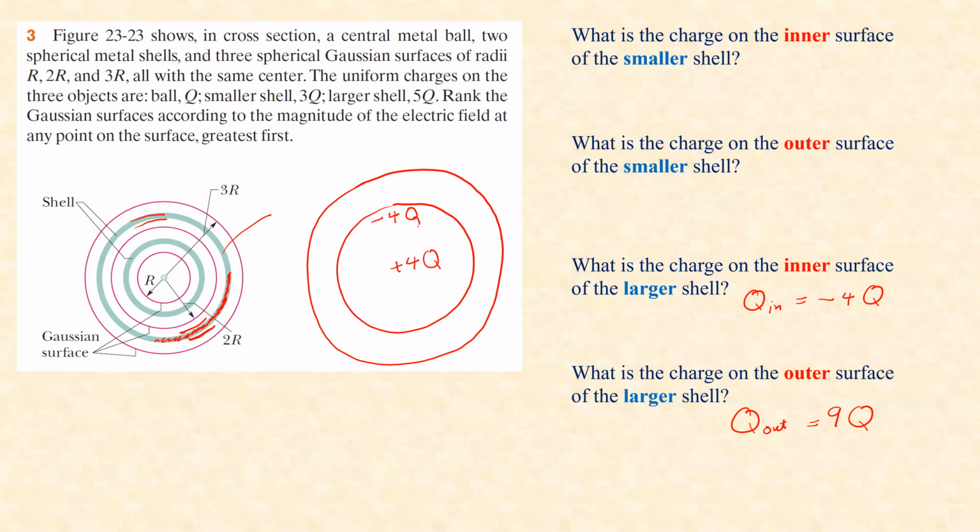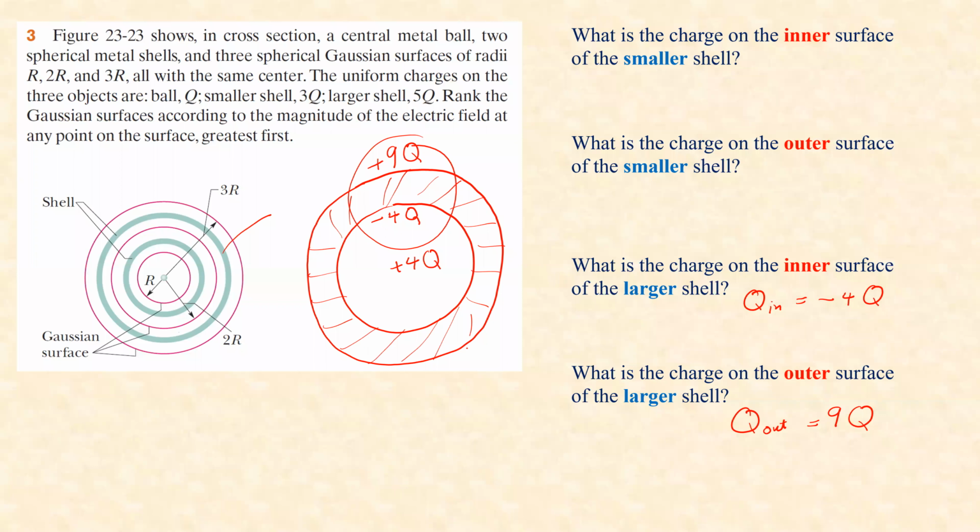And then because the total charge of the shell is 5Q, plus 9Q should be on the outer surface so that the total is 5Q. The shell has a small thickness; I'm just exaggerating it to make it more clear.